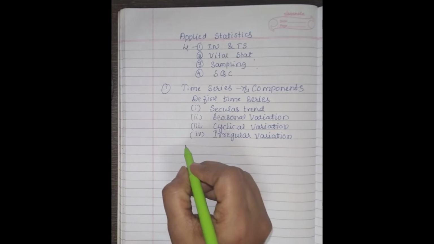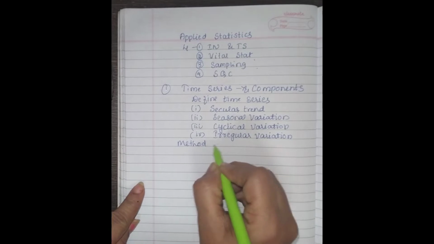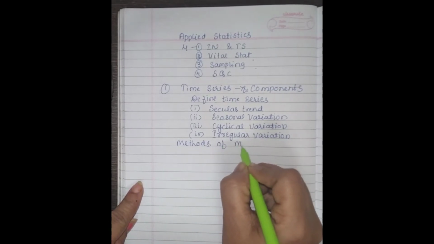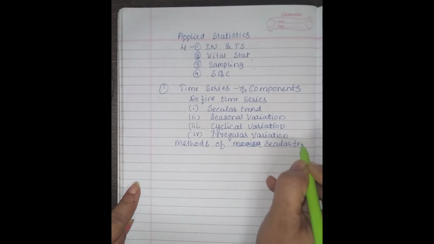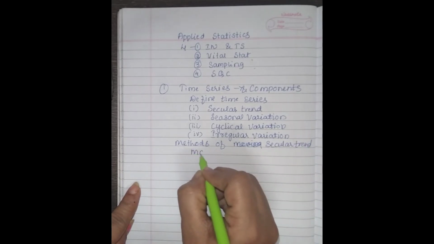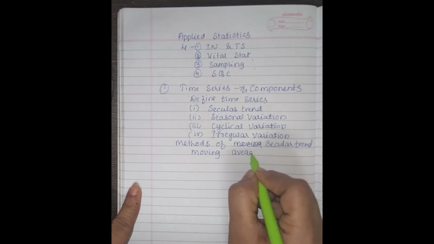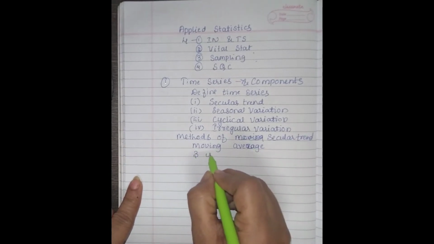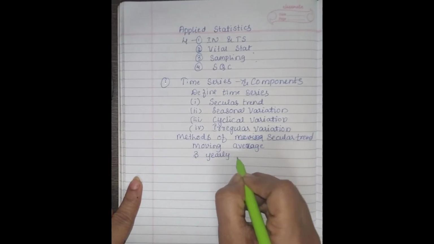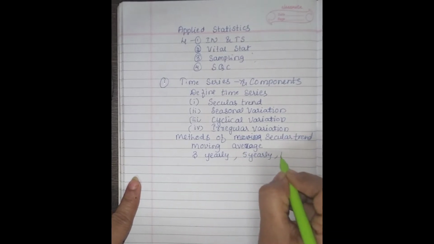After that, in the methods of secular trend, you have moving averages. In moving averages you have 3 yearly, 5 yearly and 4 yearly moving averages.